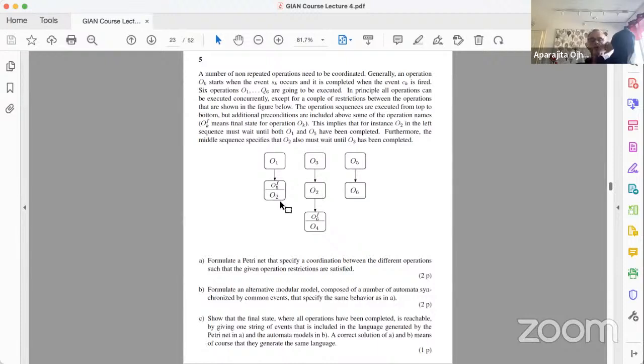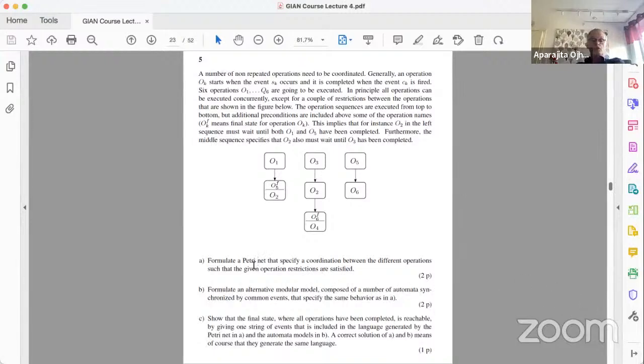But the idea with this type of description is that it should emphasize the operations and sequences of operations, but still be able to add some additional preconditions without getting a too complex graphical model. So these sequences of operations, and the formulation related to this, was something I formulated, say, 10 years ago.